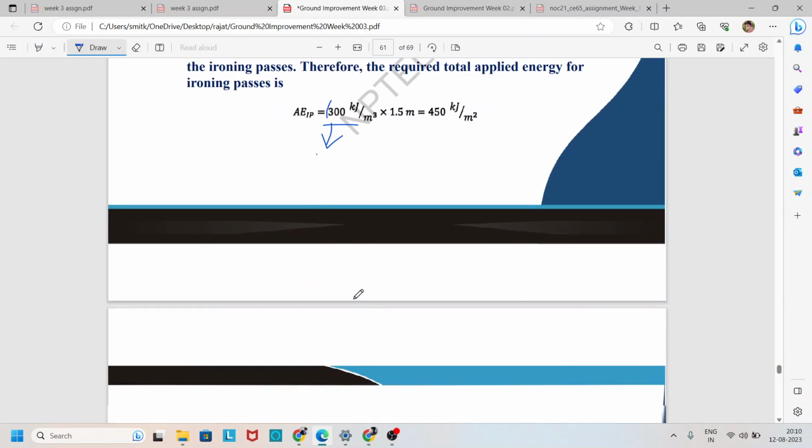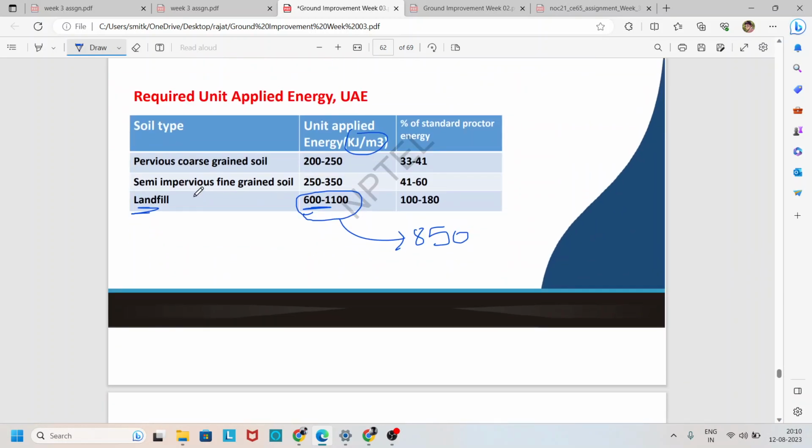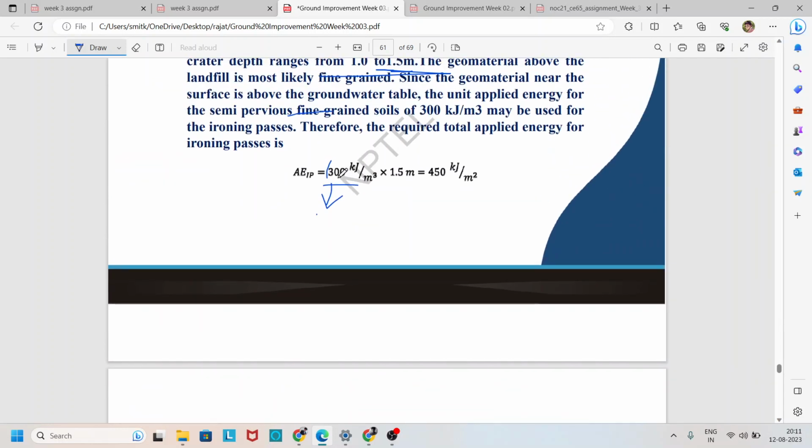For fine grain soil, which means semi-pervious soil, we can use 250 to 350. So we take 300 and multiply by 1.5 meter, and we find 450 kilojoule.